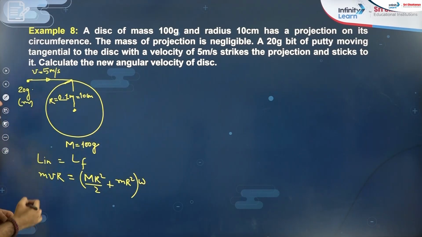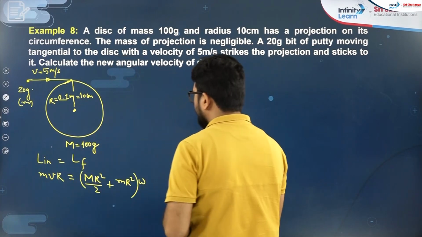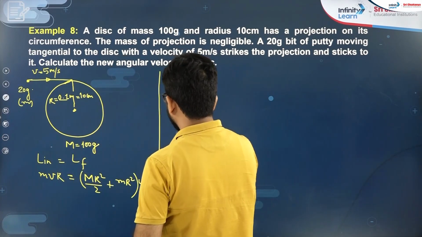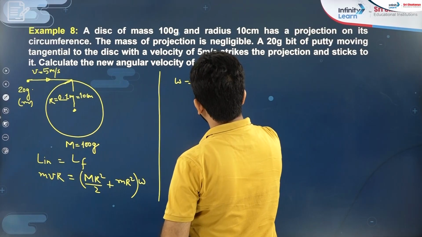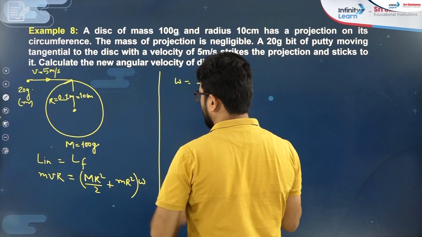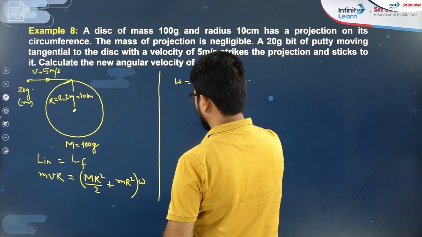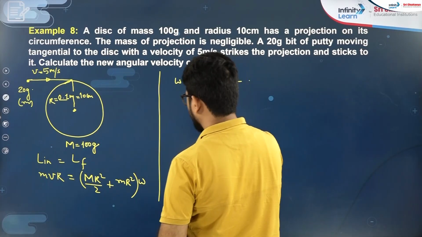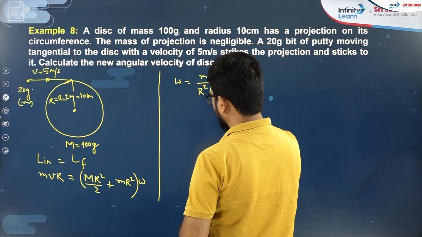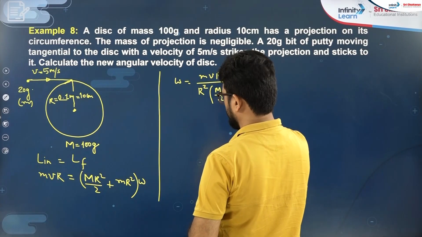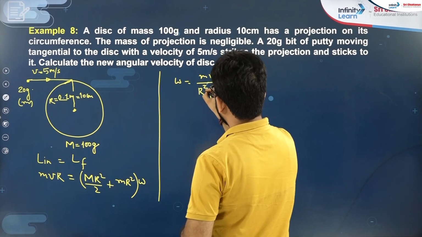Now my concern is very simple: how to calculate this omega. From here, omega is equal to m v r divided by r square into (capital M by 2 plus small m). One r can be cancelled.